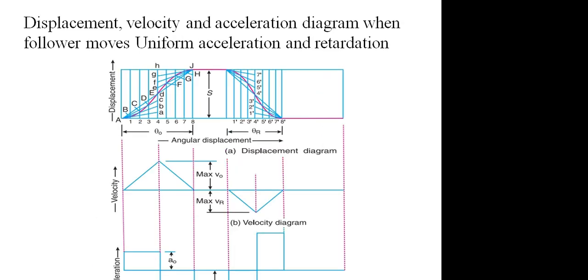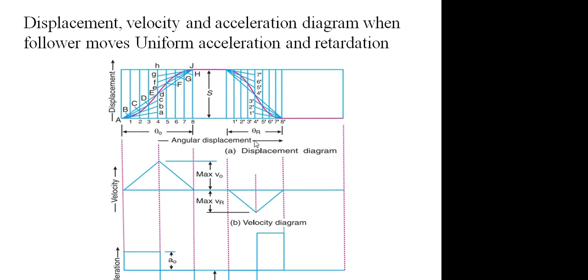Let us see now how to draw the displacement, velocity and acceleration diagram when the follower moves with uniform acceleration and retardation. Now in a similar way, you have to take theta O, dwell, theta R and second dwell, that is angle of revolution, on the x-axis, and stroke length of the follower, that is lift of the follower, on the y-axis.